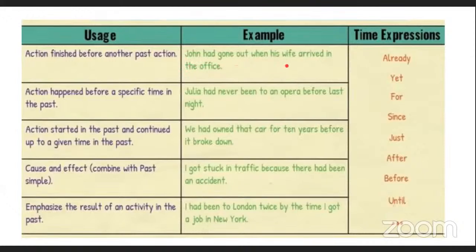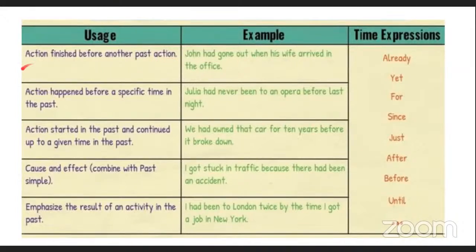And here, as you can see, we can also use these time expressions: already, yet, for, since, just, after, before, and until. These are time expressions that we can use to give more emphasis to our statements in the past perfect tense.